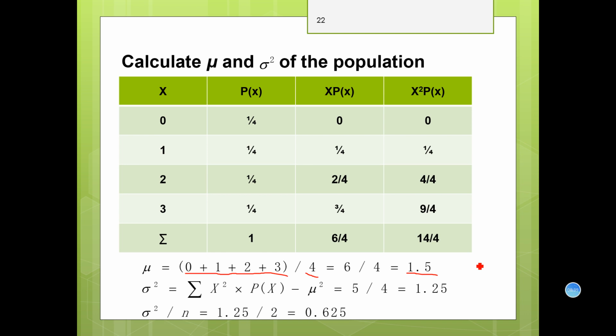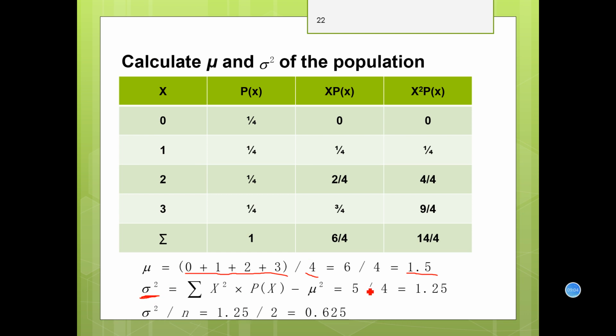And next one, how about sigma or sigma square? We can use some special formula to figure out the sigma square, namely the variance. For example, here for the population of the 4 numbers, we can figure out the sigma square.